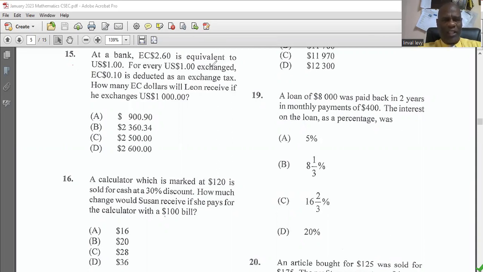For every US $1 exchange, EC 10 cents is deducted as an exchange tax. How many EC dollars will Leon receive if he exchanges US $1,000?